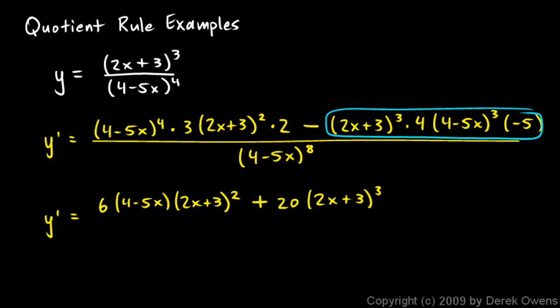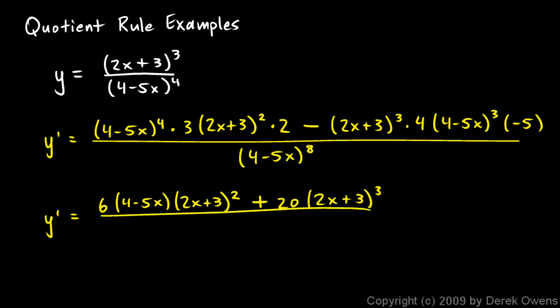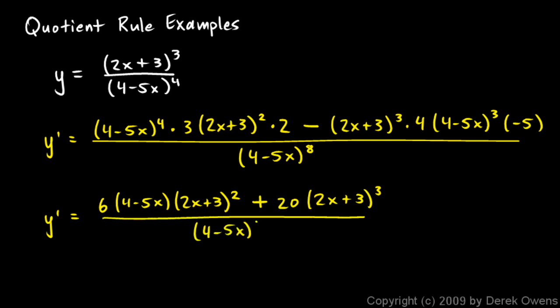And I'm not writing it because it's about to cancel out with this down here in the denominator. So after it factors out and cancels, we're left with (4 minus 5x) to the fifth.